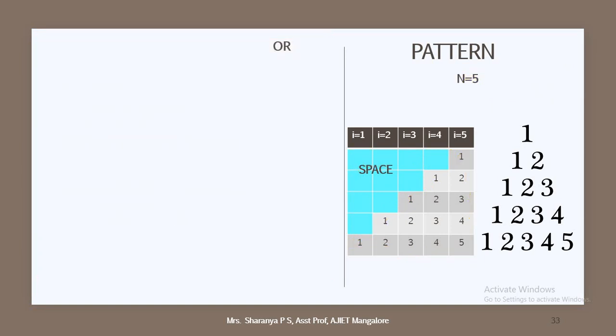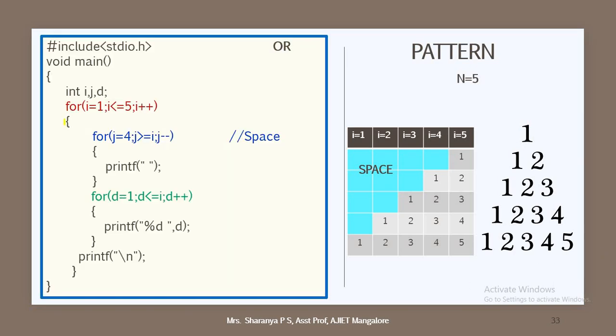This pattern can also be written by exclusively mentioning the space. If the pattern is fixed with a maximum of 5 rows, then as we observe, the space starts with 4 and keeps decrementing. The first for loop is for displaying the rows, maximum 5 rows. This second for loop is for displaying the space.